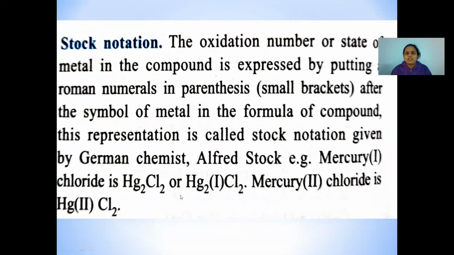Let's now look at the Stock notation. The oxidation number or state of a metal in the compound is expressed by putting a Roman numeral in parenthesis after the symbol of metal in the formula of the compound, and this representation is called the Stock notation, and it was given by German chemist Alfred Stock.